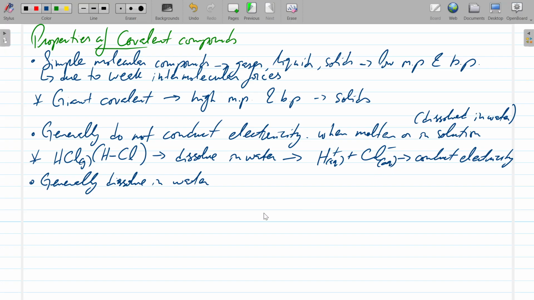So what happens with covalent compounds? Well, they dissolve in organic solvents.